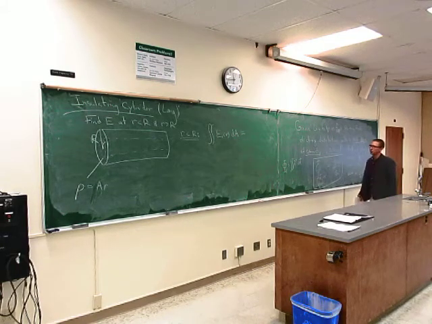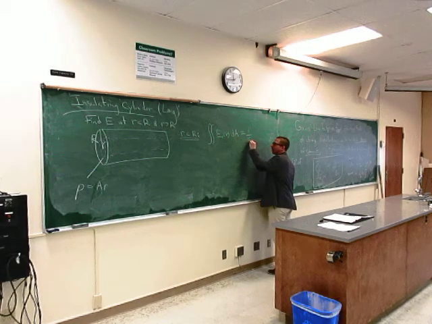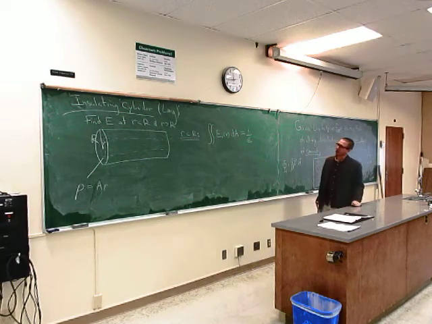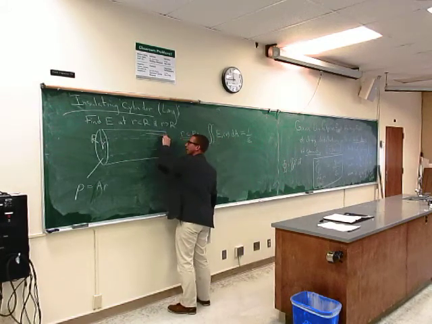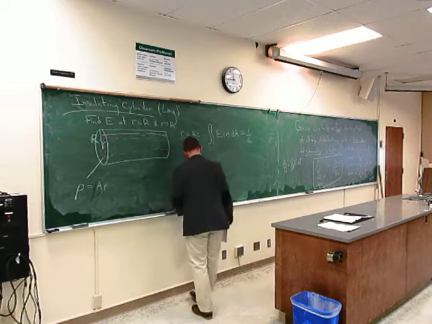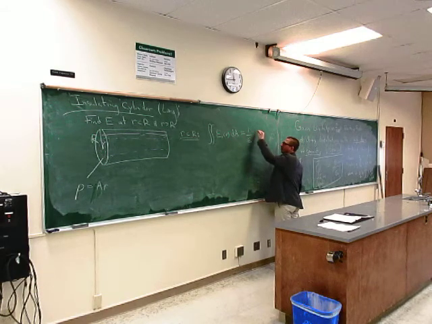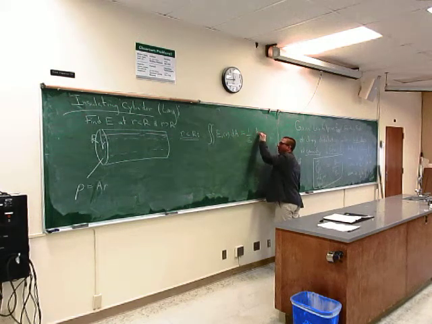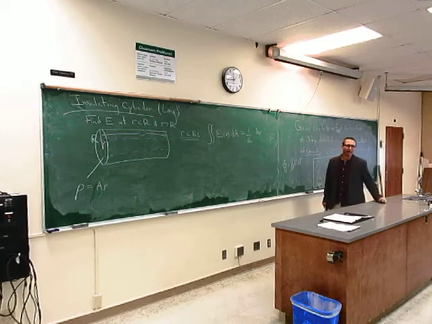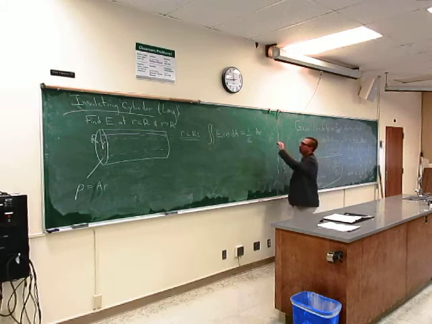Now the enclosed charge is going to be, so I have 1 over epsilon naught. To find the total amount of enclosed charge, let's say that my Gaussian cylinder has length L. So the charge inside it is going to be the charge per unit volume, which is A times r, multiplied by the volume of that cylinder.